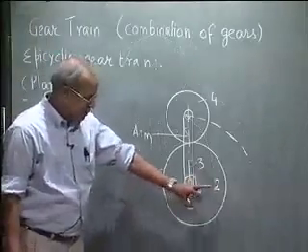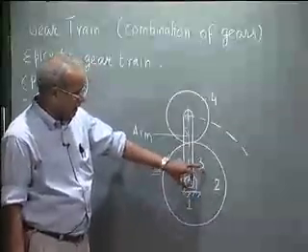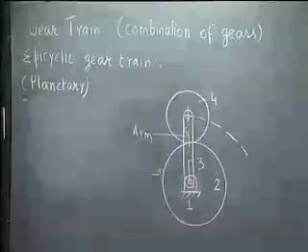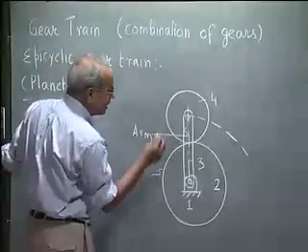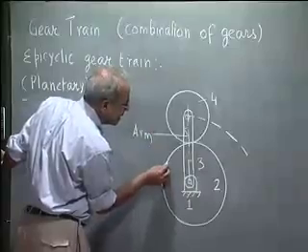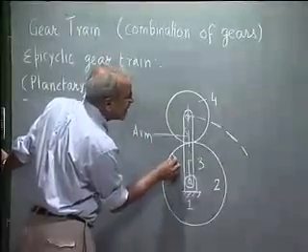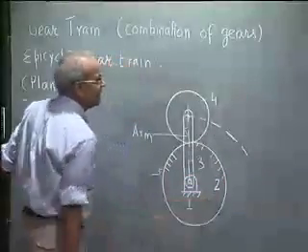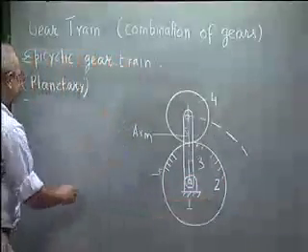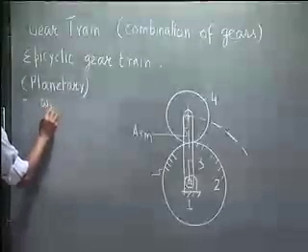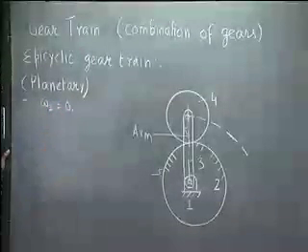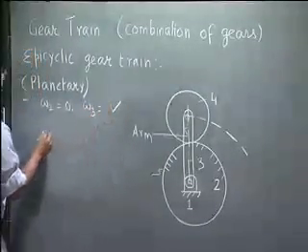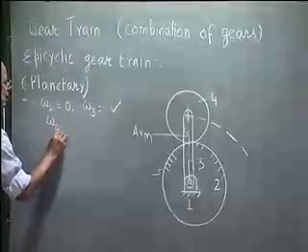We prescribe the angular velocity of body 2 and body 3, and we want to find that of body 4. To study this relative motion without any loss of generality, I can take one body to be fixed, and let me take body 2 to be fixed. That means omega 2 I am taking to be 0. That is one input. And then if I know omega 3, the other input speed, the question is what is omega 4.